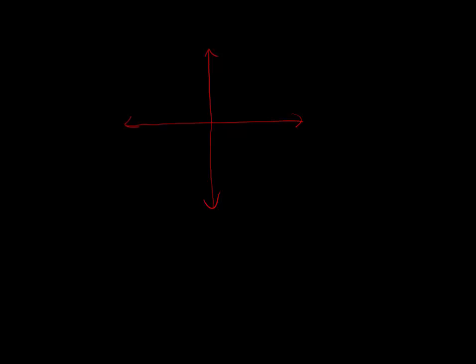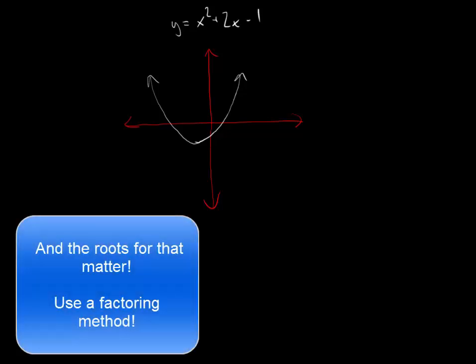You can always build a table to figure out exactly what y equals x squared plus 2x minus 1 looks like. But the thing I wanted you to notice here is if we sketch the parabola, and while this is not exact, I've shown you how to find the axis of symmetry and the vertex. Opposite of b over 2a.